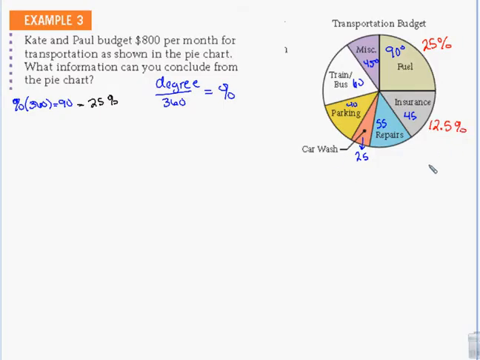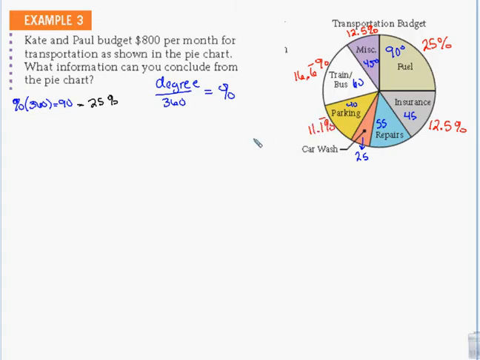So I get 0.125 and then I convert it. And that would be the same up here. The train and the bus, if I take 60 and I divide it by 360, I get 16.6 repeating. 40 divided by 360 gives me 11.1 repeating.